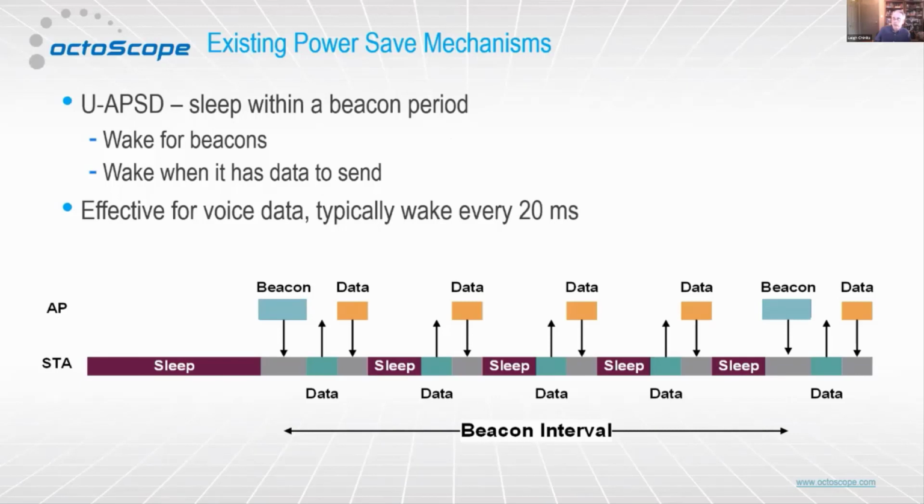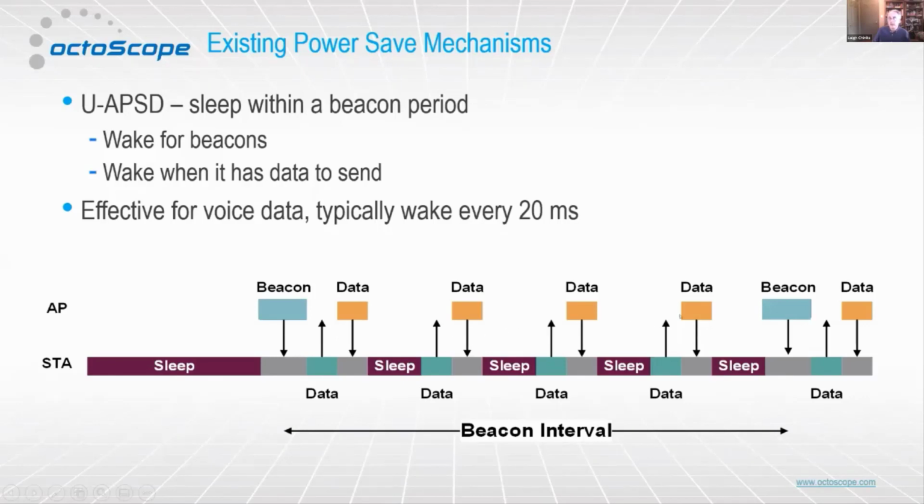What it did was it allowed the devices to go back to sleep and to send traffic even within a beacon period. The reason for this is that, since it was designed really around voice, and packetized voice tends to use a 20 millisecond framing time, what you would get was the device going to sleep and then sending and receiving these 20 milliseconds of voice information and going back to sleep and waking back up again to do another 20 milliseconds of voice.